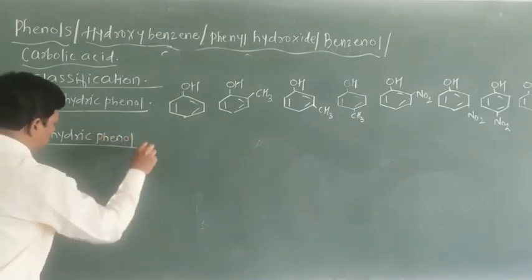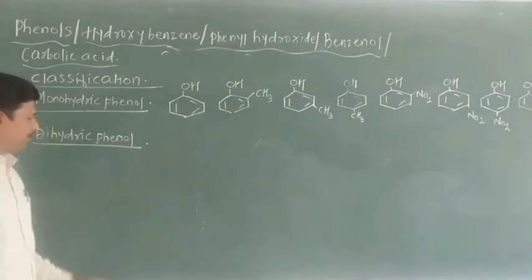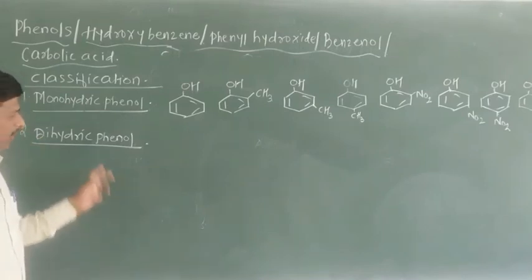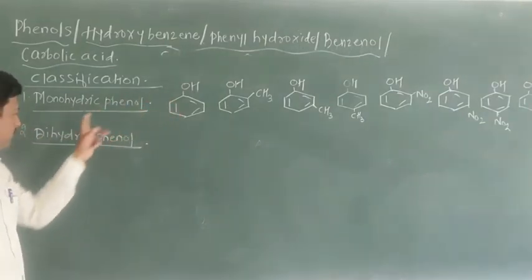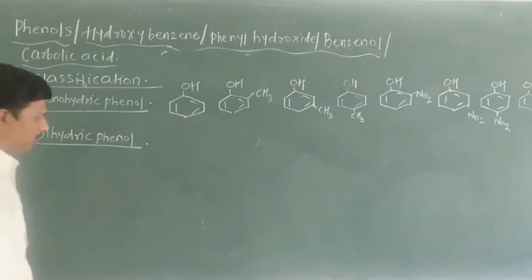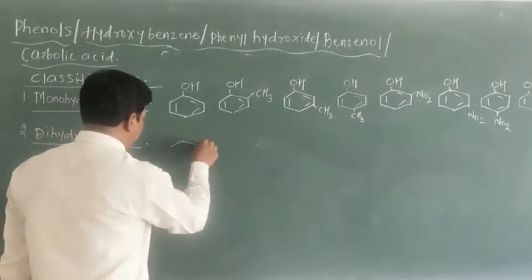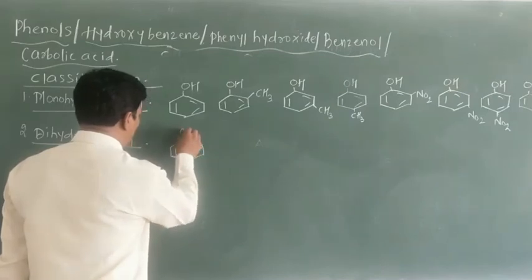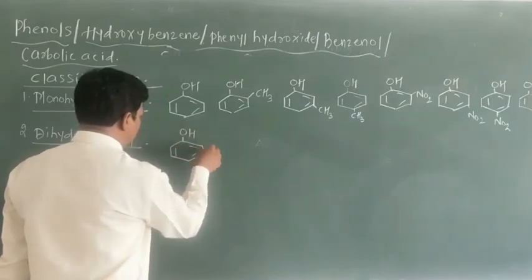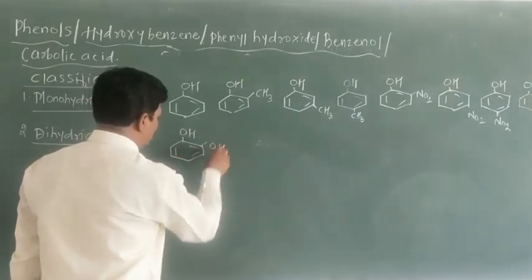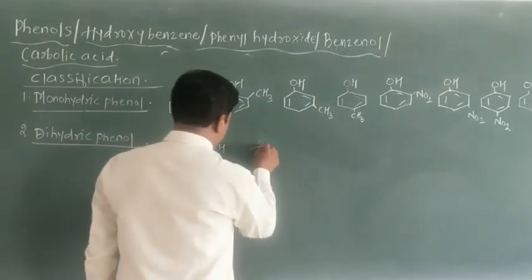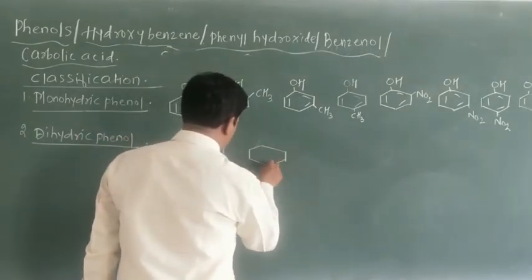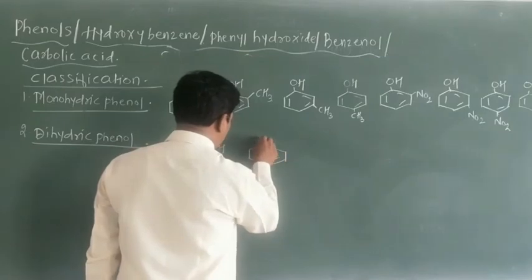Now the term indicates that di means two, and the two hydric OH groups are present on the aromatic ring, on the benzene ring. The examples are here OH, here OH. Then the next example is the benzene ring, with OH groups on the benzene ring.